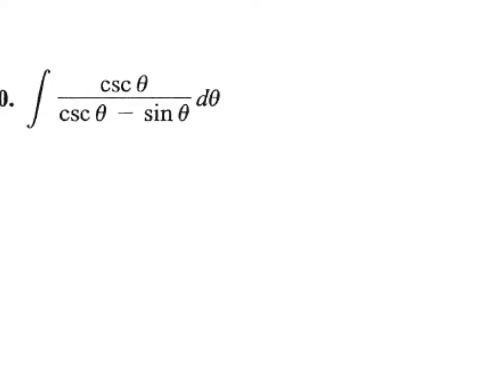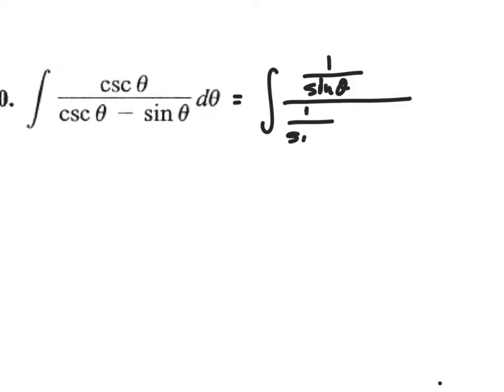I'm going to make it a little bit more confusing than it needs to be, but I'm going to go ahead and do the integral. Instead of cosecant theta, I'm going to rewrite this as 1 over sine of theta, and I'm going to divide that by 1 over sine of theta minus sine of theta over 1 d theta.